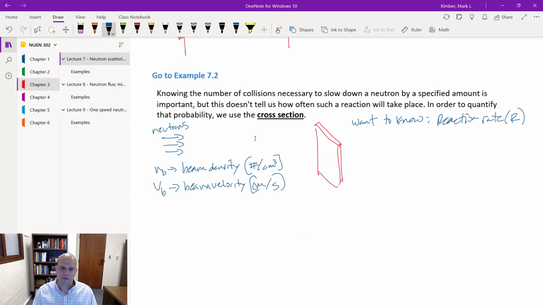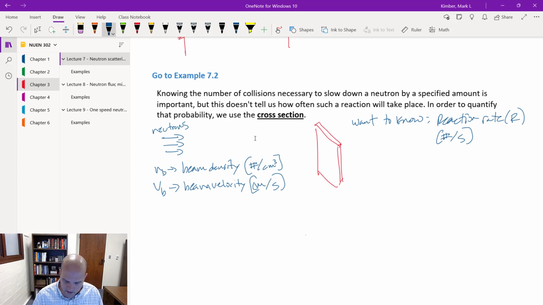And we know that the actual reaction rate, how many of those neutrons are going to undergo some sort of event, is going to be a small fraction of the ones that we're sending in. But that's what we want to know. We want to know the reaction rate. And so this will be in units of some number per second as well. And that number in this case is not neutrons, it's not atoms, it's the number of reactions.